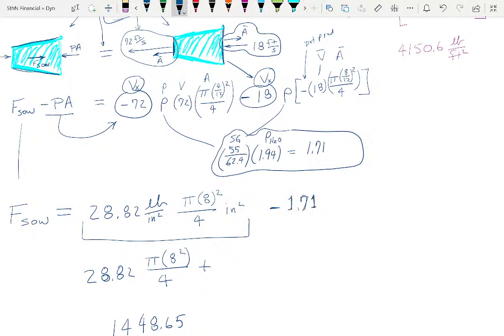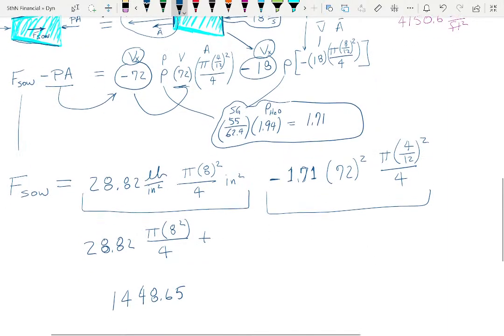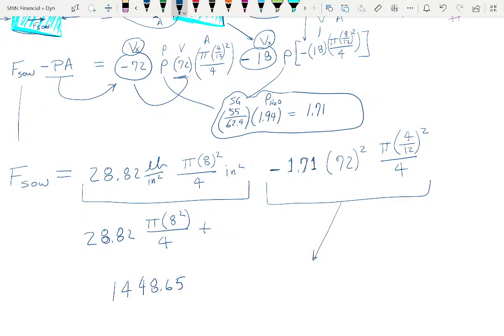It kind of looks like a 7. And then I'll put parentheses 72 squared for both of those. And then I'll put pi times 4 over 12 squared over 4.